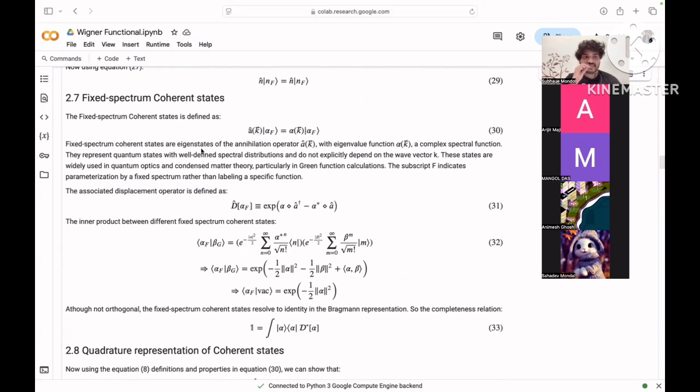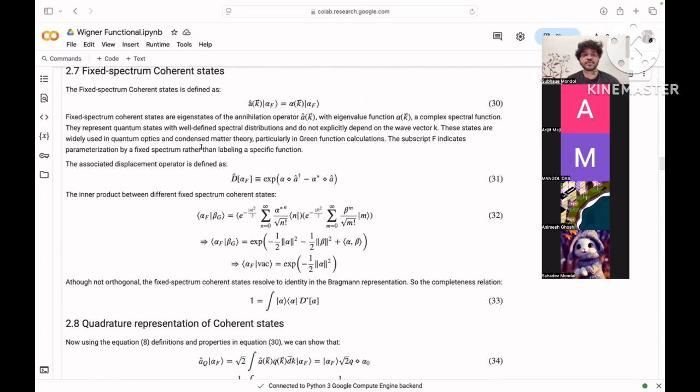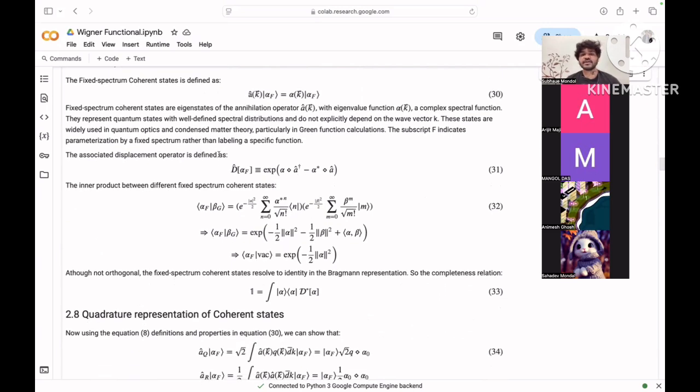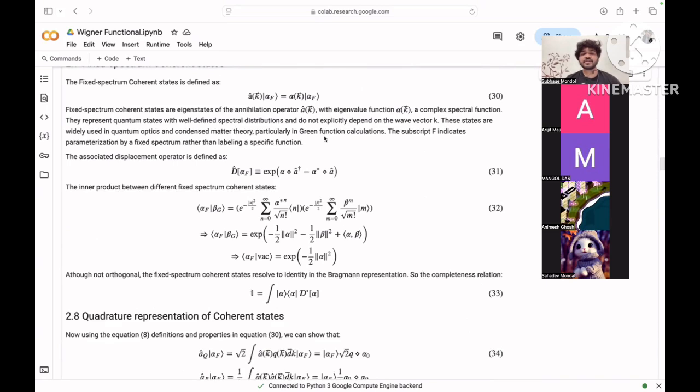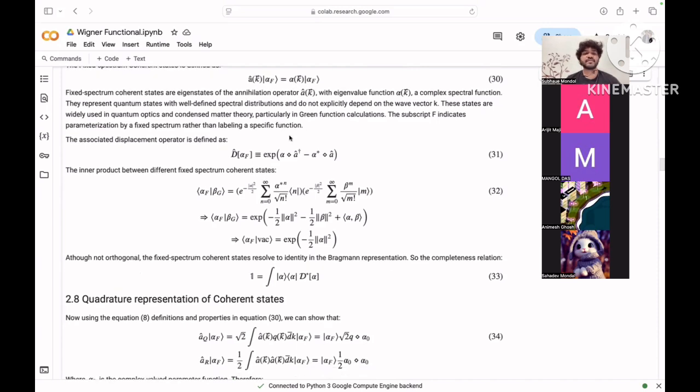So they represent quantum states with well-defined spectral distributions, and they do not explicitly depend on the wave vector k. These states are widely used in quantum optics and condensed matter theory, particularly in Green's function calculations. Here, the subscript F describes the parameterization by a fixed spectrum rather than labeling specific functions.